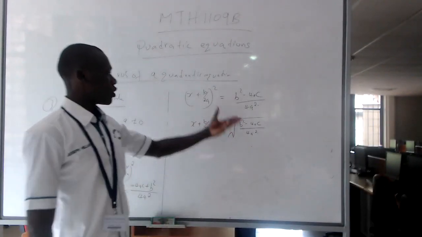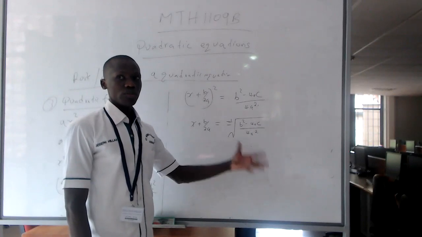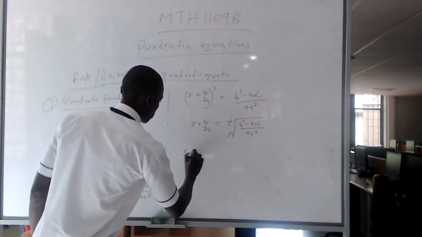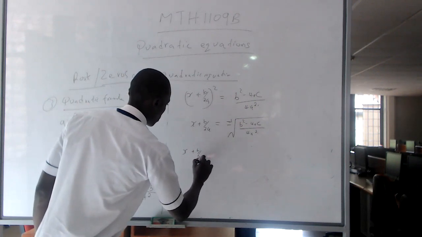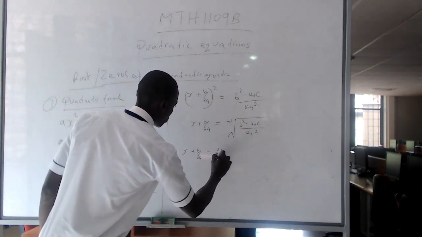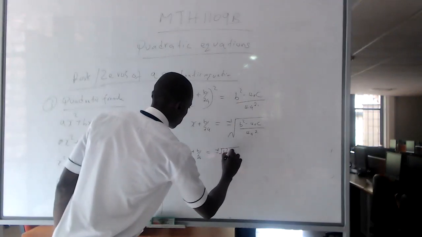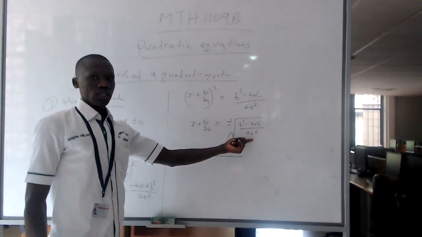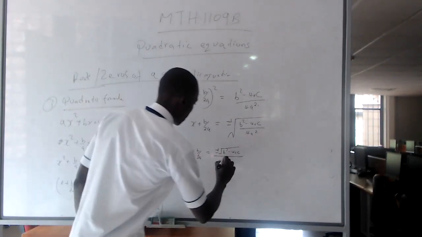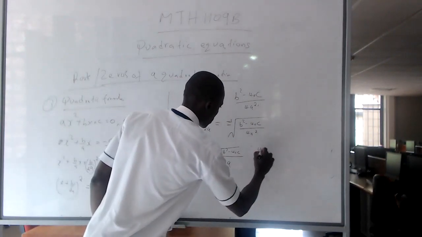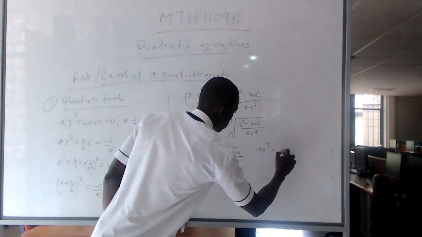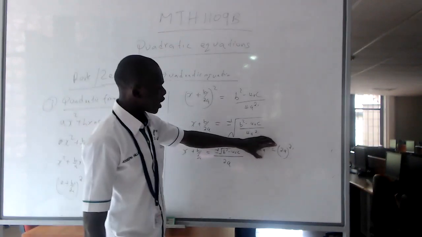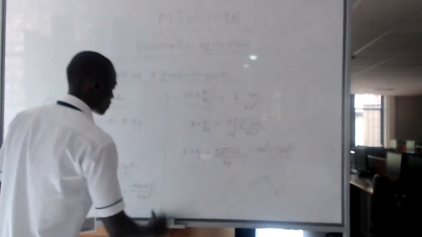We know that the square root of a fraction is simply the fraction of the square roots of what is inside. Square root of our numerator, 4a squared, is simply 2a, because you can write 4a squared as 2 times a, all of that squared.